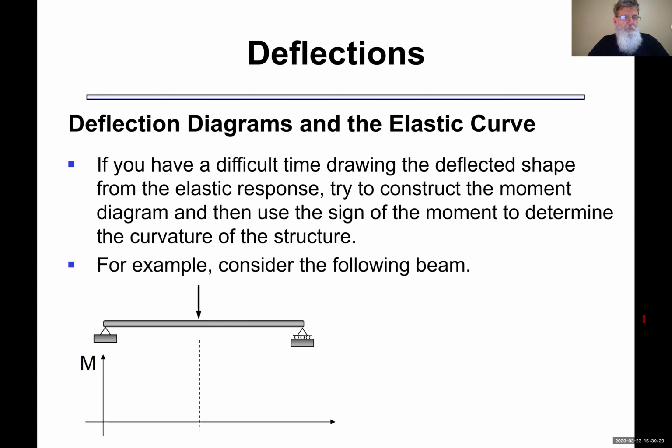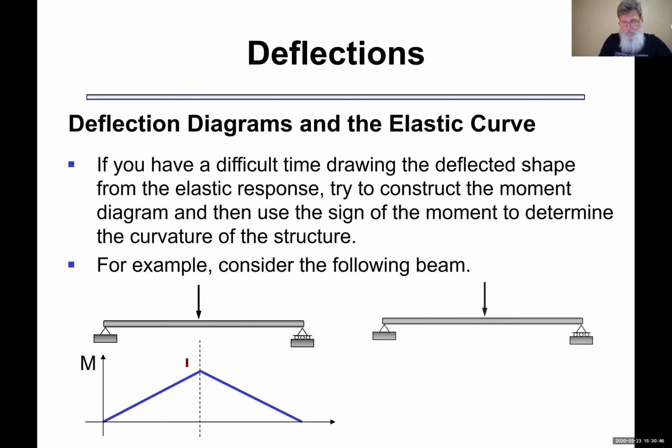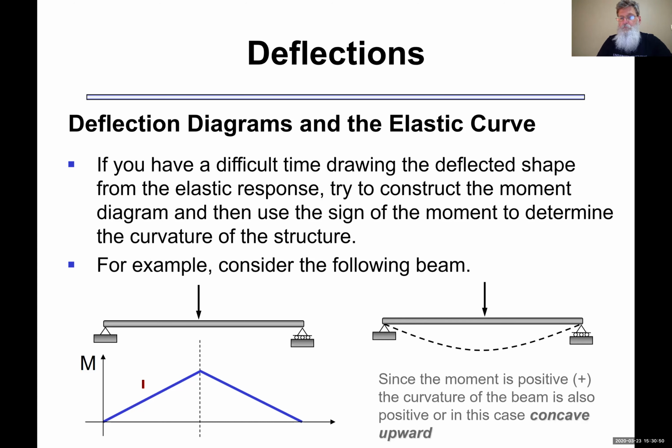If it looked like this, you get a moment diagram, and you'll notice the whole moment diagram is positive. You might remember that positive bending moment means like you're smiling, it's concave up. So the deflected shape should look like a big smile, concave up. So positive bending moments are going to have this concave upward behavior.